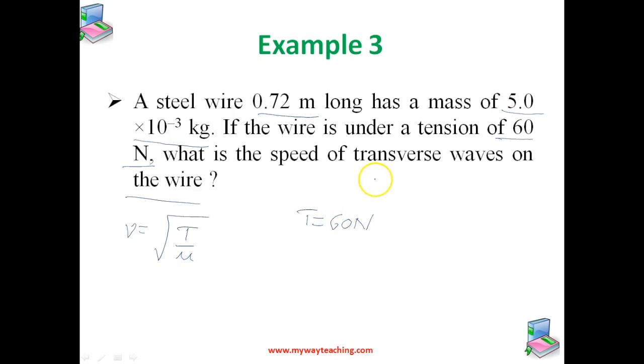But we don't know this linear mass density mu. So we should calculate that mass per unit length of the wire. Mu is nothing but mass per unit length, isn't it? Yes. So we should calculate mass per unit length of the wire.